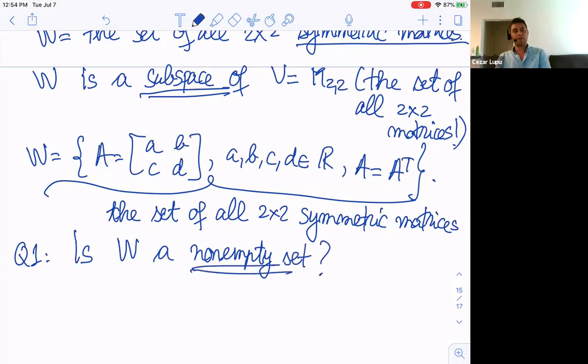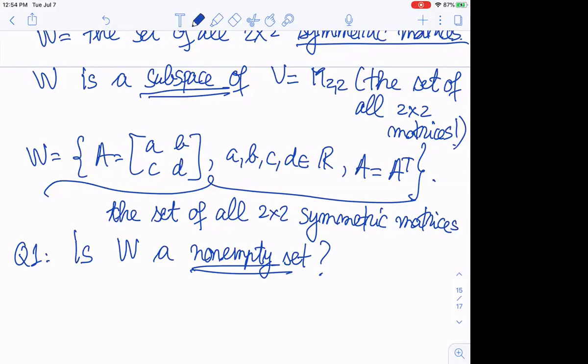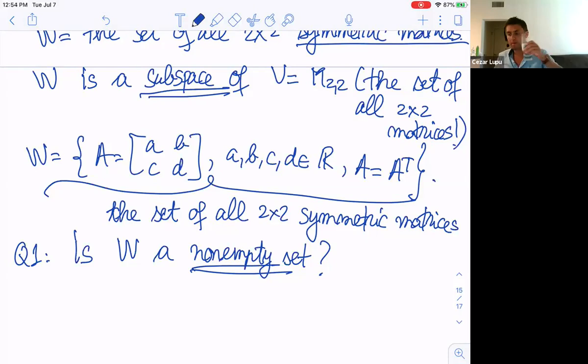That's the first thing that came out in our definition. We need that subset to be non-empty. So what do you think? Is this non-empty? In other words, can you exhibit an element in this set?